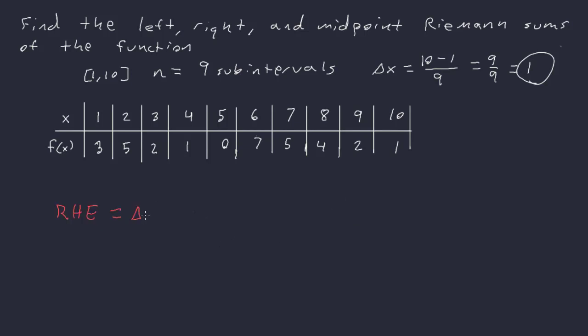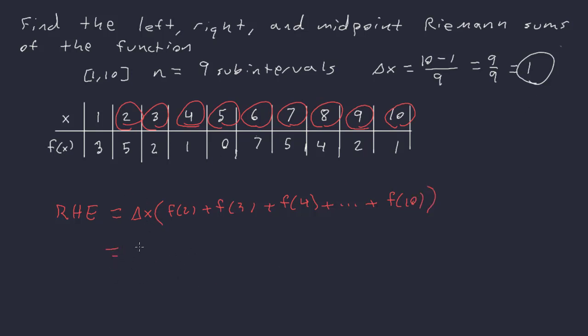So the right-handed estimate will be delta x times, and we're just going to use the right-handed values to get our estimate. We're not going to use the leftmost. So we'll have f of 2 plus f of 3 plus f of 4 all the way up to plus f of 10.